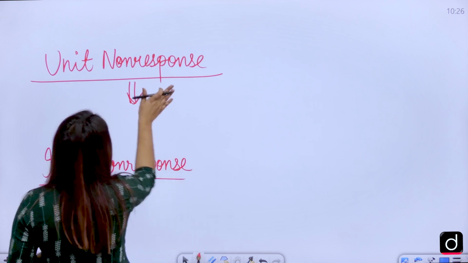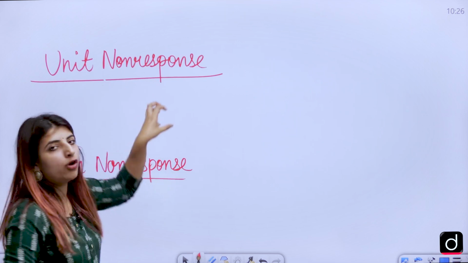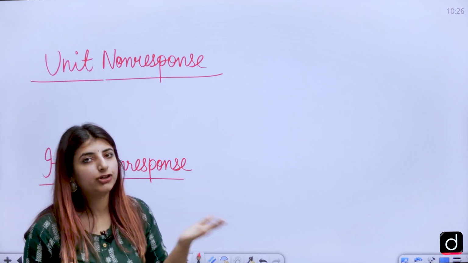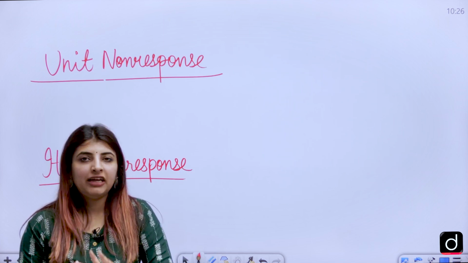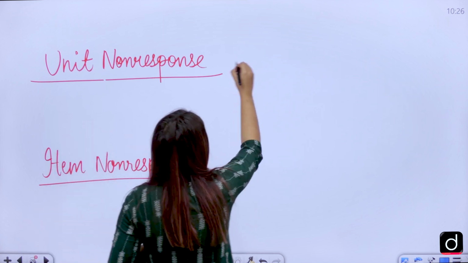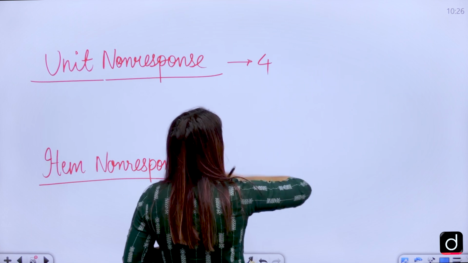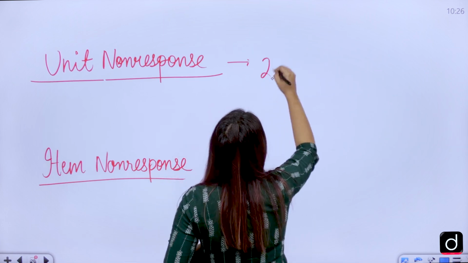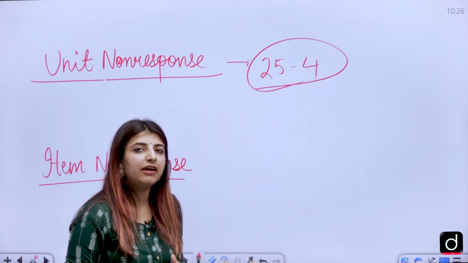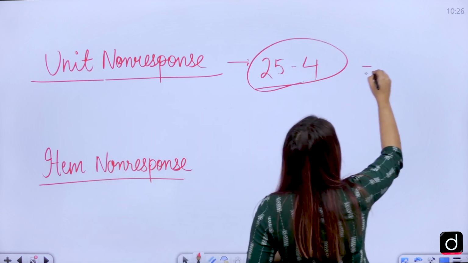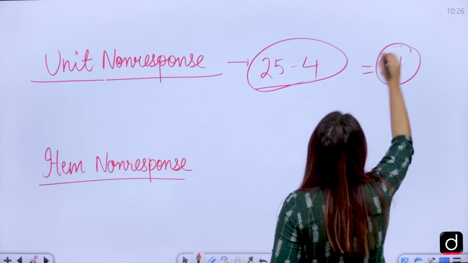Let me tell you, if I talk about unit non-response, I of course chose those 25 people, but suddenly at the time of answering questions, 4 of them backed out. Out of 25, 4 of them backed out from my research. I'll just be left with the sample size of 21.